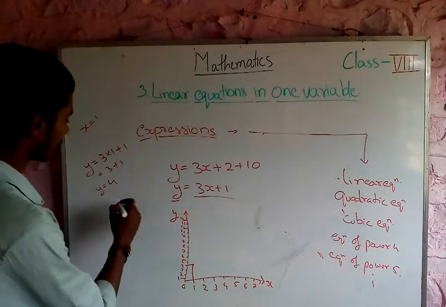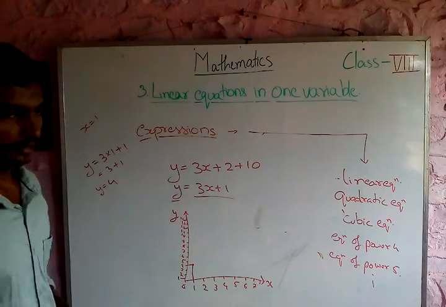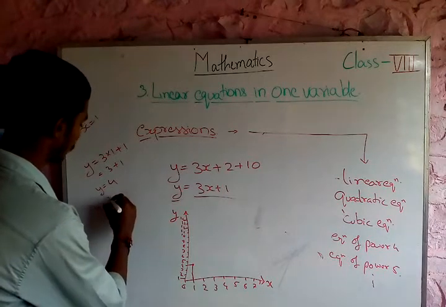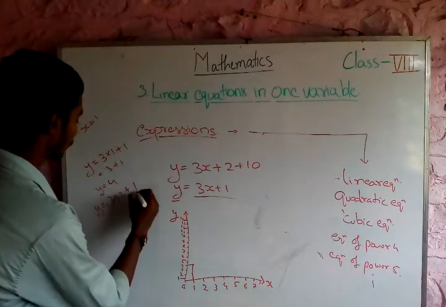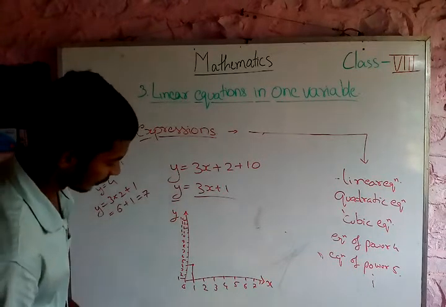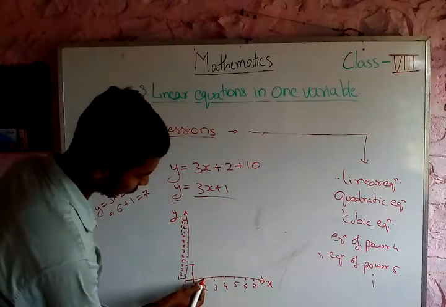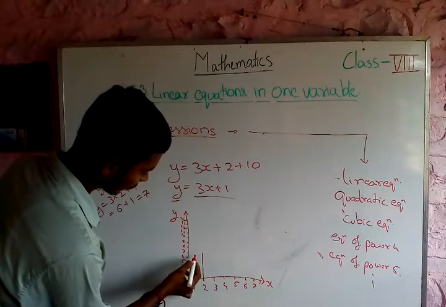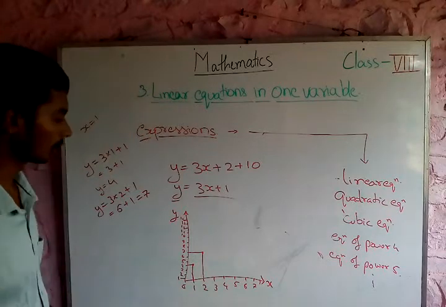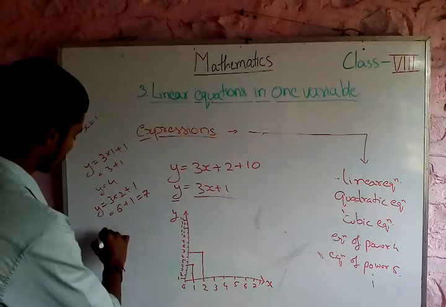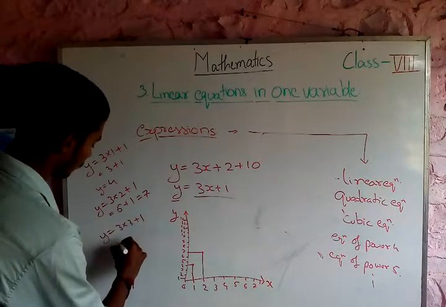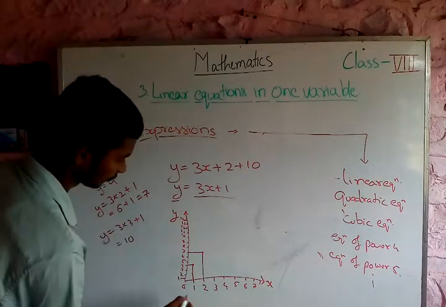Okay, and if I give 2 for x, then let us see what I get for y. y is equal to 3 into 2 plus 1, which gives me 6 plus 1 is equal to 7. Now for the value of 2 I have 7 for y, I will mark a point here. And for 3, y will become 3 into 3 plus 1, which is 9 plus 1 is 10.